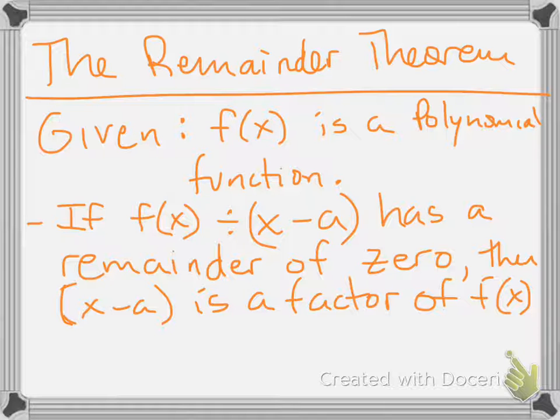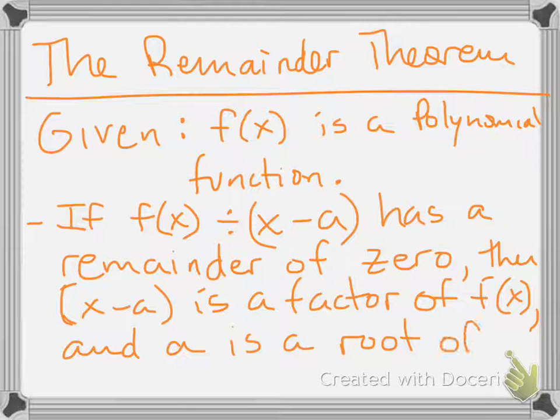Okay, and the other thing we know, a, the root of our divisor, is a root of f of x. So if we're doing synthetic division and we get a remainder of 0, we have some really powerful information that we can use.